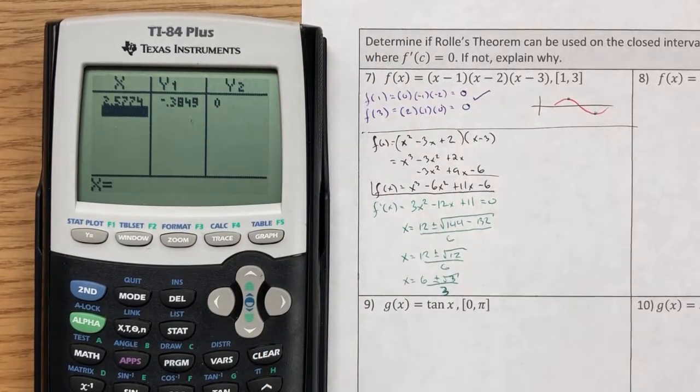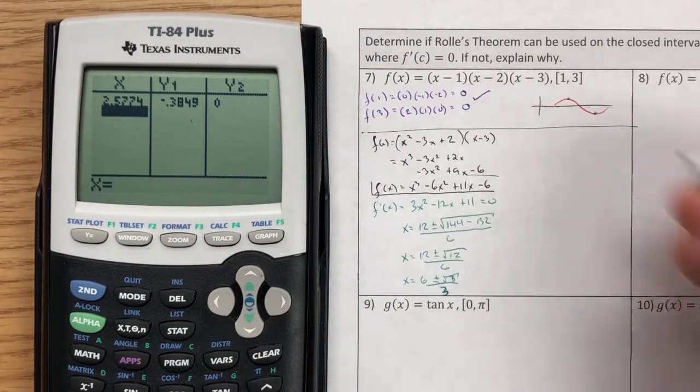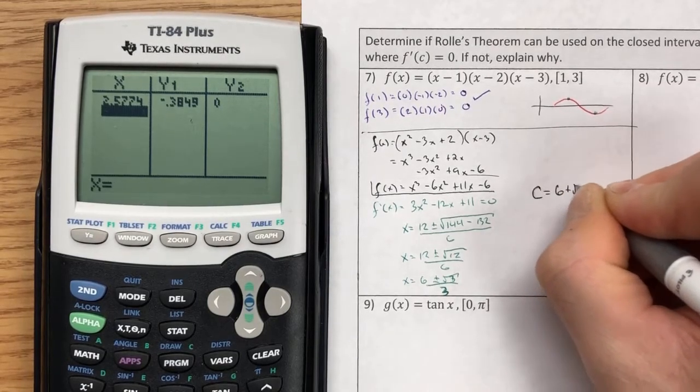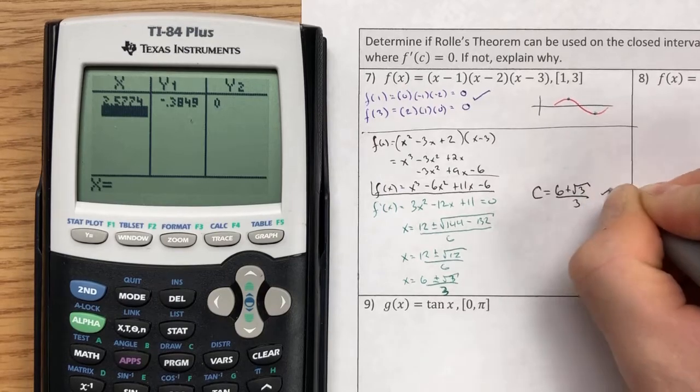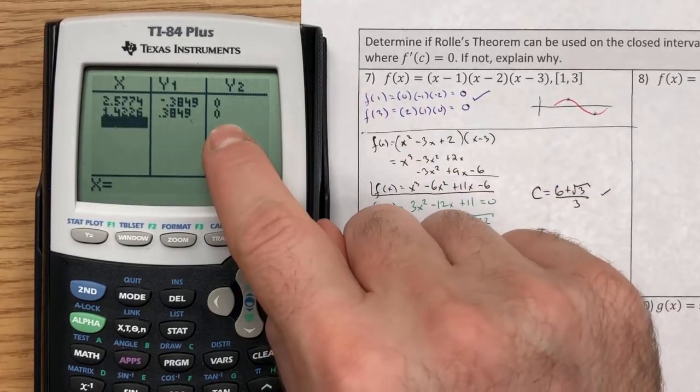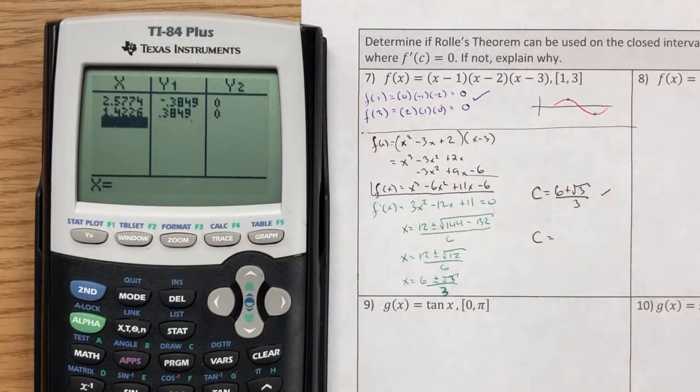So we know that, okay, we have a c value of 6 plus the square root of 3 over 3 that checks out. And we have another c value, another critical value, where it's going to be 6 minus the square root of 3 divided by 3. Again, it spits out our value right here.